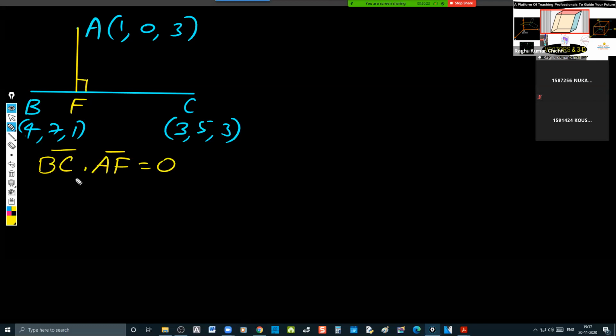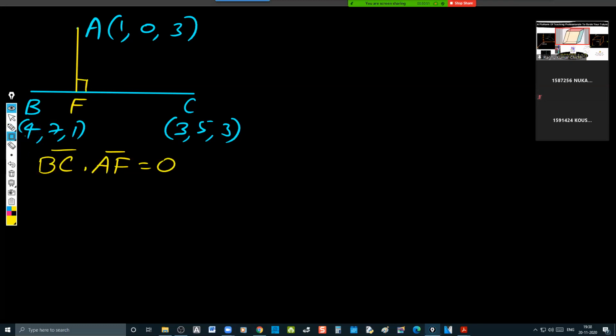Then if you want to write BC bar here, there's no problem. You can write DRs here, 3 minus 4, 5 minus 7, 3 minus 1, like that. You can straight away write DRs of BC. But if you want to write the DRs of AF, you must know F. F is not present here. But F is a point on the line BC. So we write the parametric form of BC. Understand this clearly, please. What I'm explaining is important here.